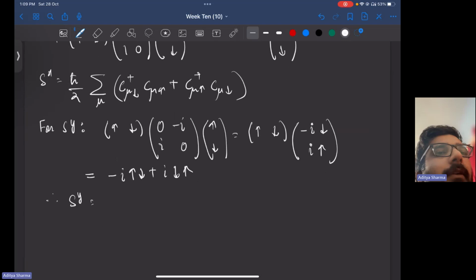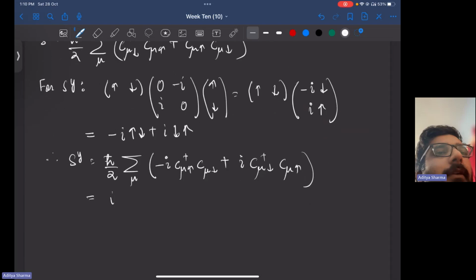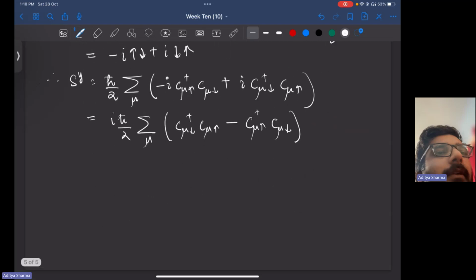Therefore, Sy can be directly written as h cut by 2 sum over mu, minus i c mu dagger up c mu down plus i c mu dagger down c mu up. Take i out and write this properly: you're going to have c mu down dagger c mu up minus c mu up dagger c mu down. This is Sy.